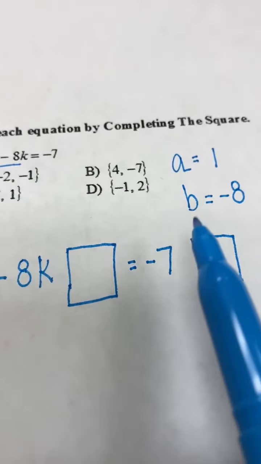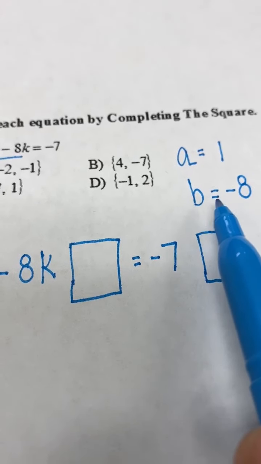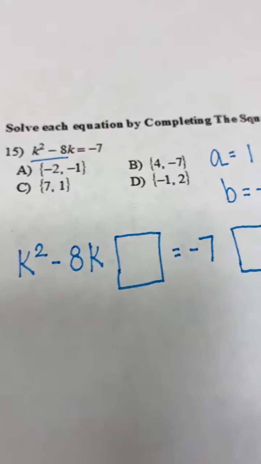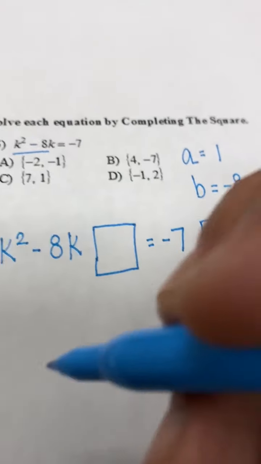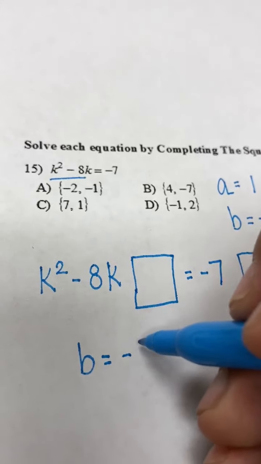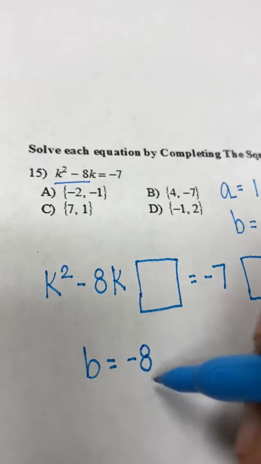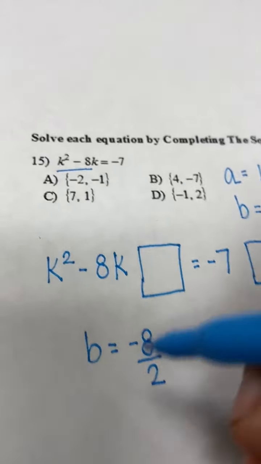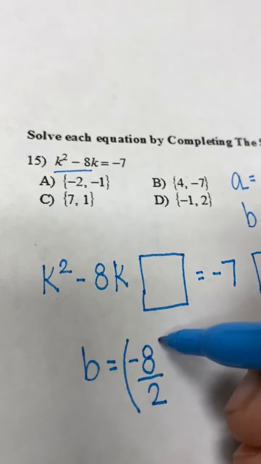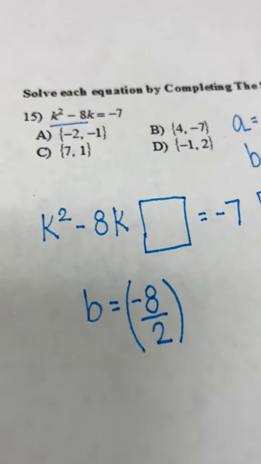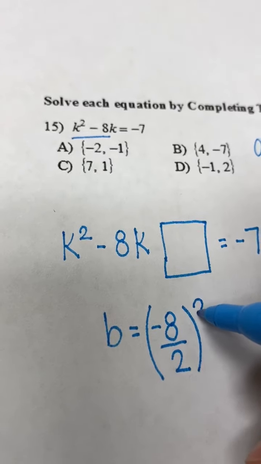I'm going to take this b value right here, which helps me make a perfect square trinomial. I take my b value of -8 and divide it by 2. I'm going to enclose it in parentheses to show that the negative belongs to that -8, and then I'm going to square it.